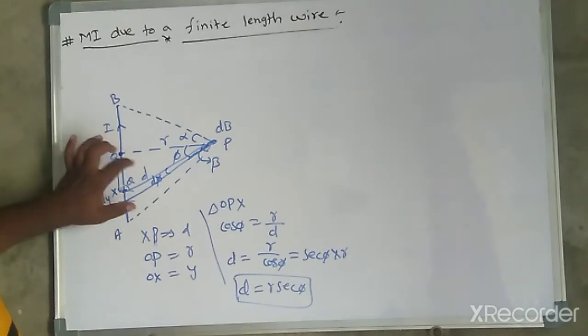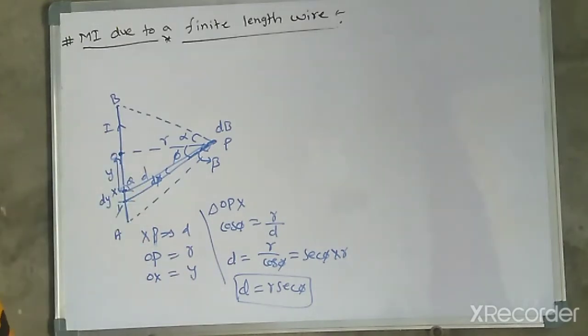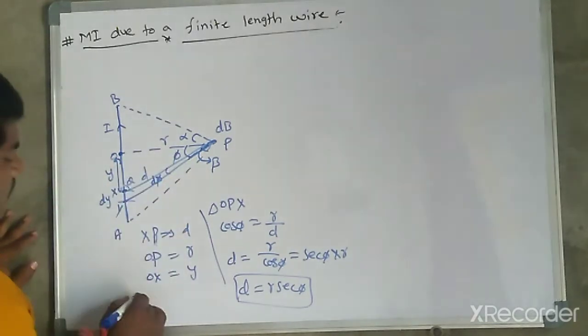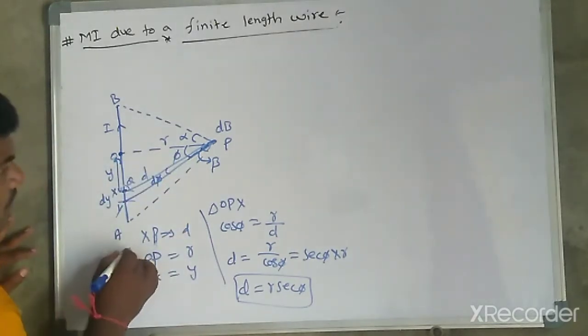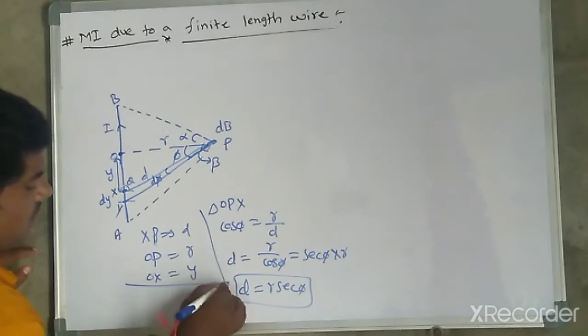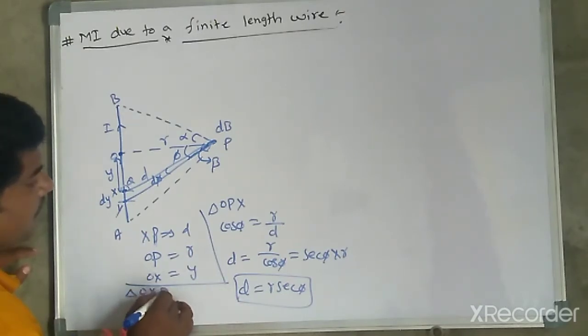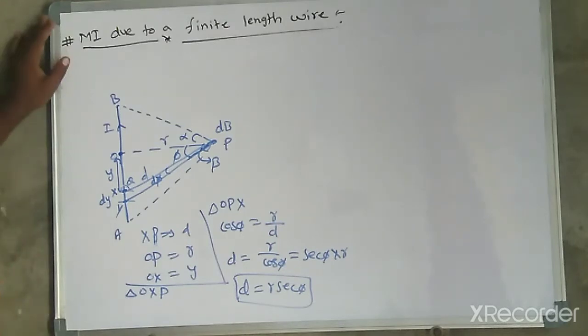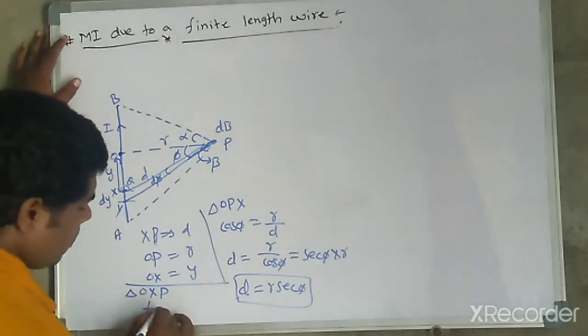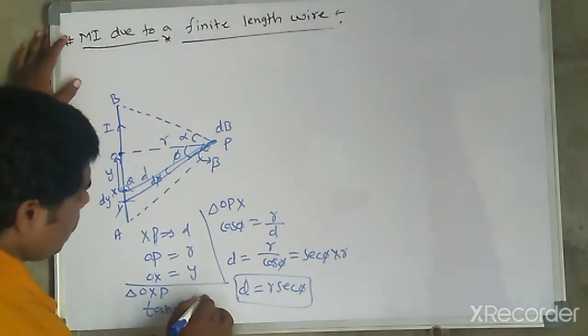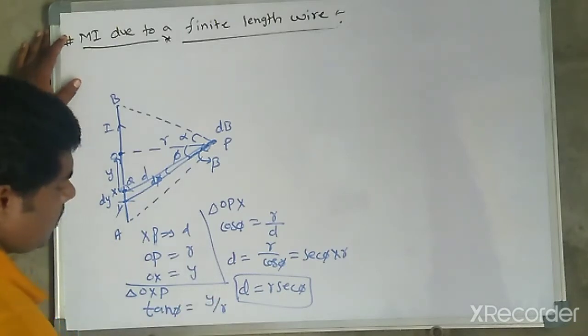Now once we know the d value, according to Biot-Savart law, you may apply here, from triangle OXP, tan phi is equal to opposite divided by adjacent, which is y by r.